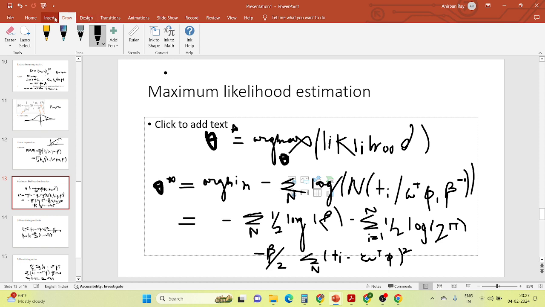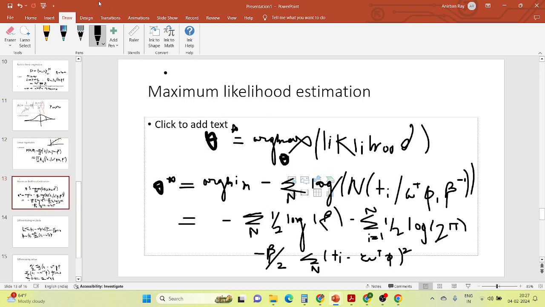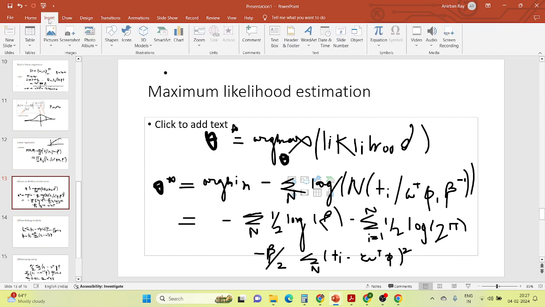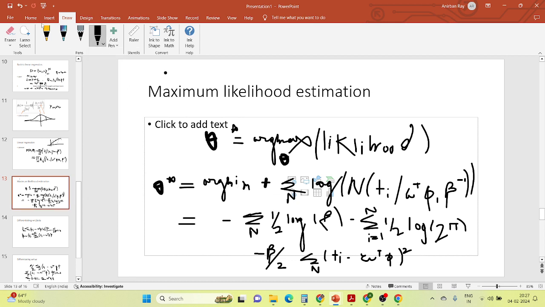Maybe I have done it the positive way only, so let's change this one. This is plus and this is arg max.